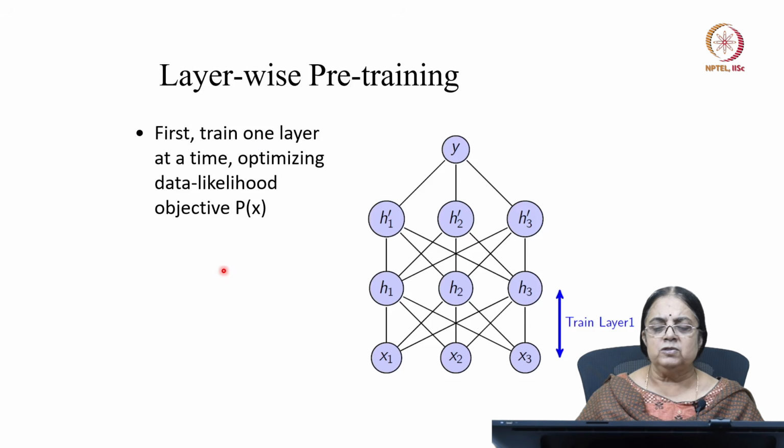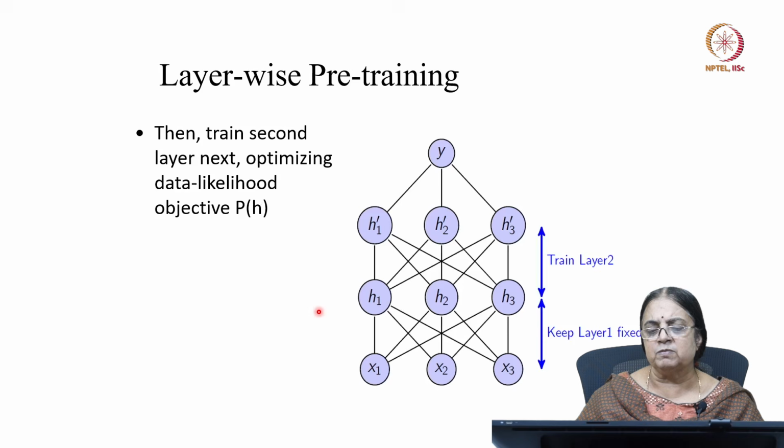So what you do is you train this layer first as an autoencoder, then you train the next layer as an autoencoder, etc. So you are taking p of x and you are optimizing p of x basically.